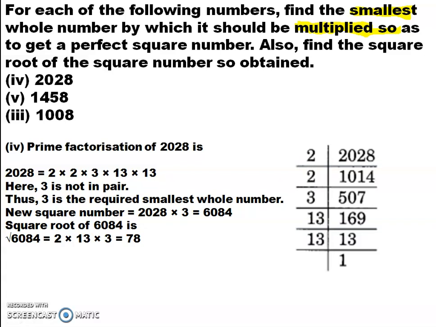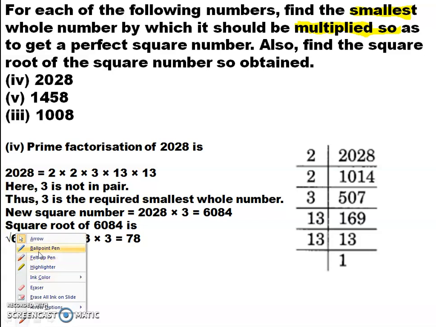Students, tell me, if you are given a number, how will you check whether it is a perfect square or not? If it is a perfect square, you will get the prime numbers in pairs.